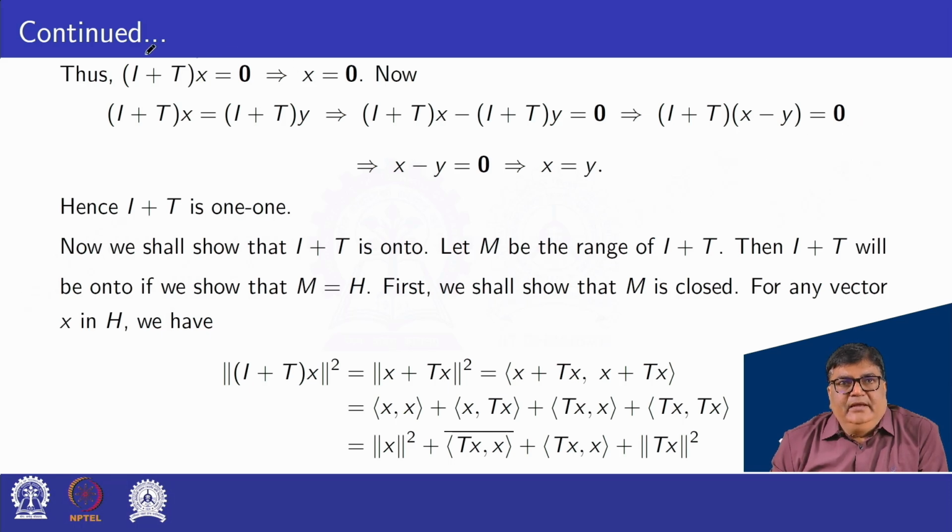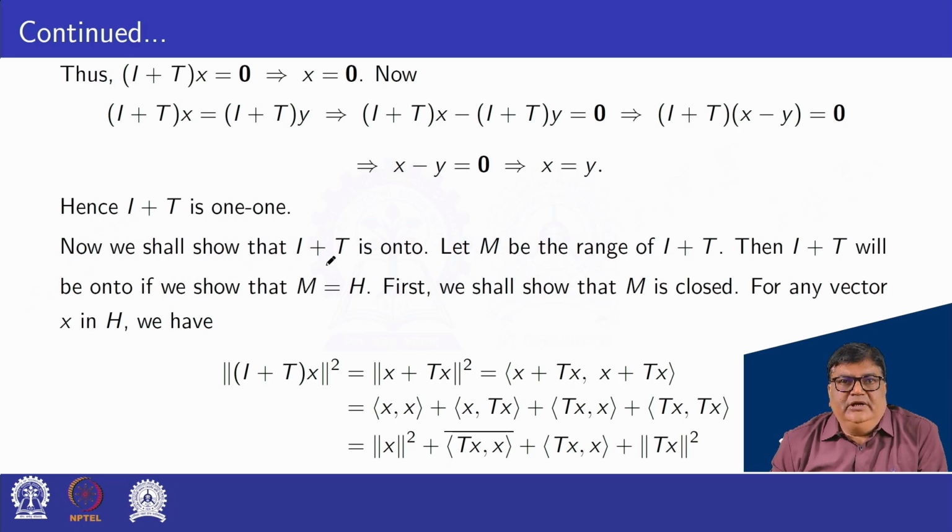Since we proved (I plus T)x equal to 0 implies x is equal to 0, here x minus y is equal to 0, that is x is equal to y. Hence I plus T is 1-1.